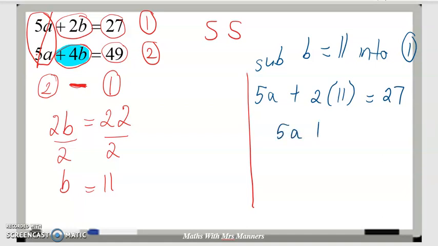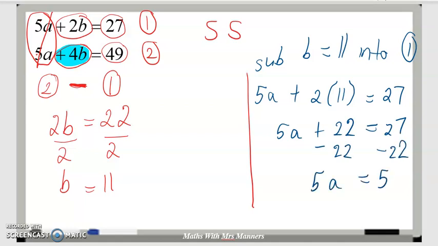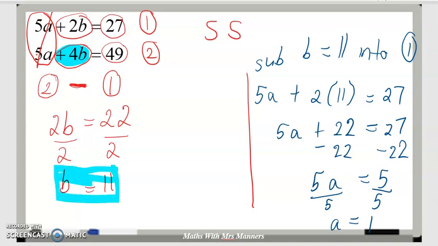That gives me 5a plus 22 equals 27. I can minus 22 on both sides, and I get 5a equals 5. And dividing by 5 gives me a equals 1. So there's my simultaneous solution, which is b equals 11 and a equals 1.